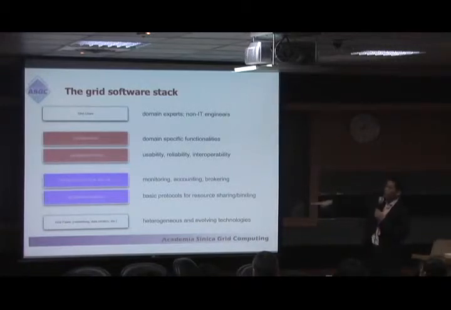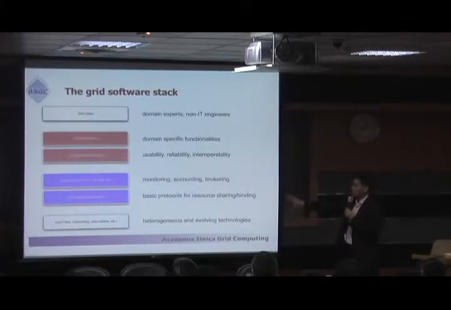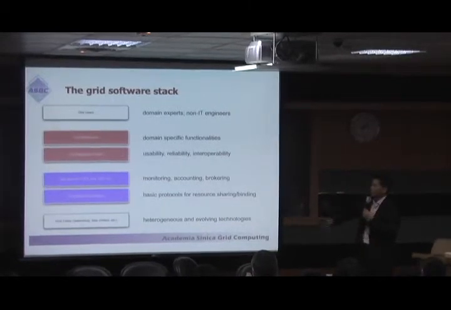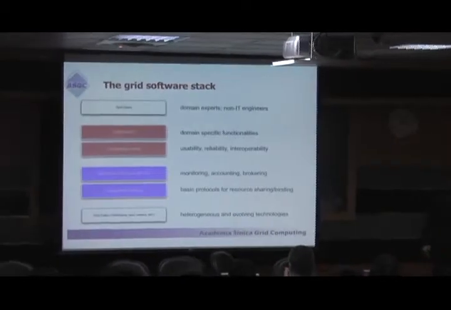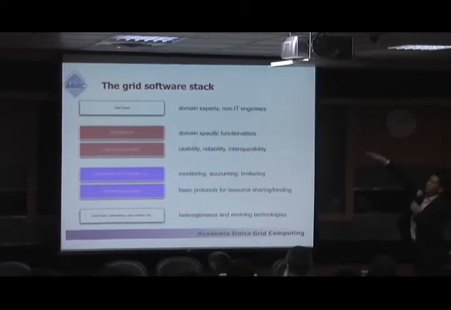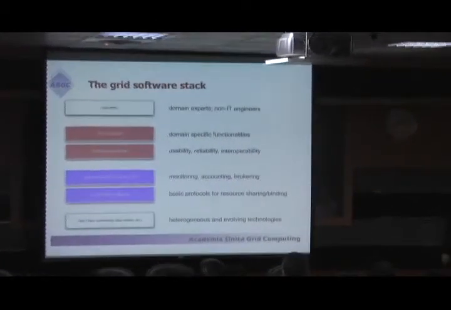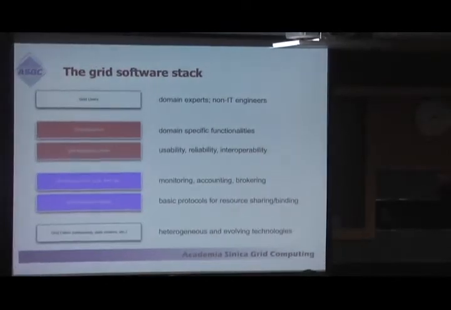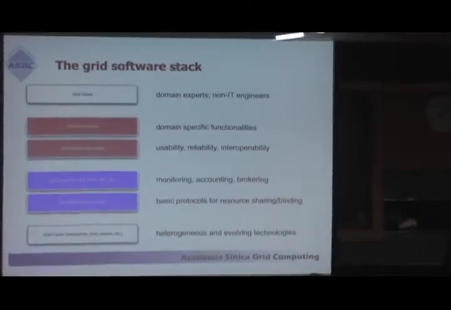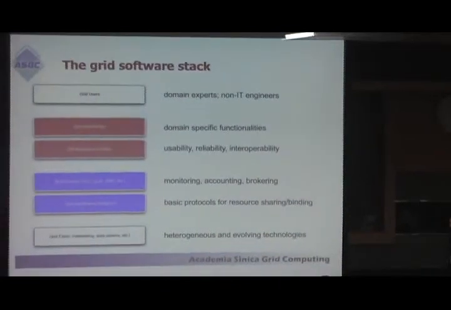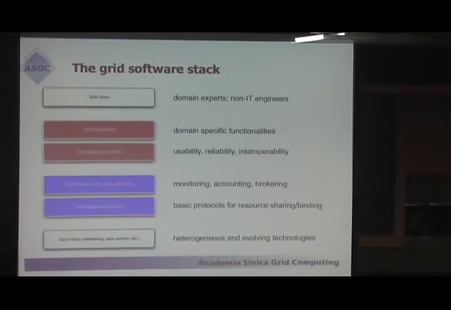In this stack, at the bottom, like my previous slides, you have the resources here, and they are heterogeneous, and because they are not in a central console, sometimes they upgrade their system, so their technology is evolving. And then you have the users on the top. They are different domain experts. They are not IT engineers. So how to link these two layers together is to go through this layered architecture in the grid software.